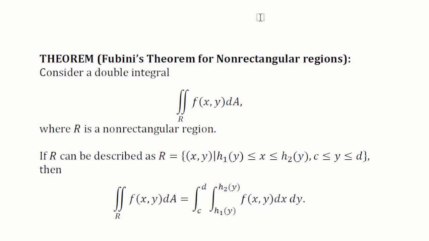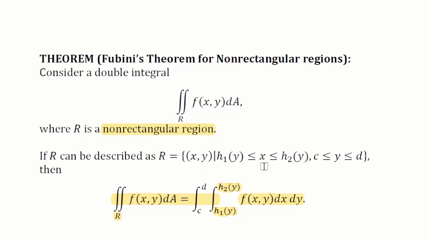Now, that same theorem again. Suppose we're going to handle this exact same double integral problem, and it's a non-rectangular region. But now in a different case, for the same R, if we can describe R as x changing from some lower function of y to some upper function of y, and the y value changing from some lower y value to some higher y value, then we can proceed by calculating this double integral by first integrating with respect to x.